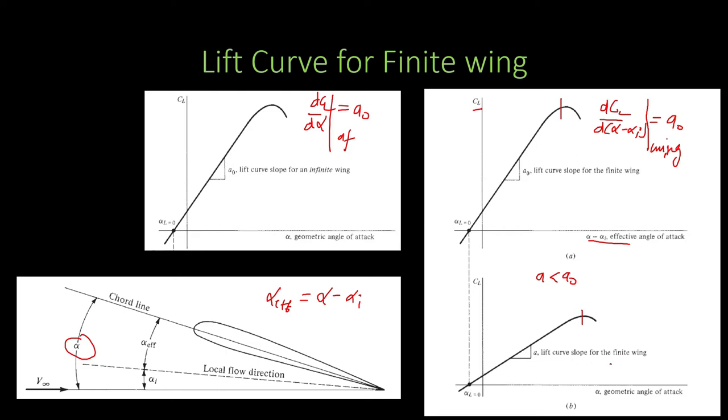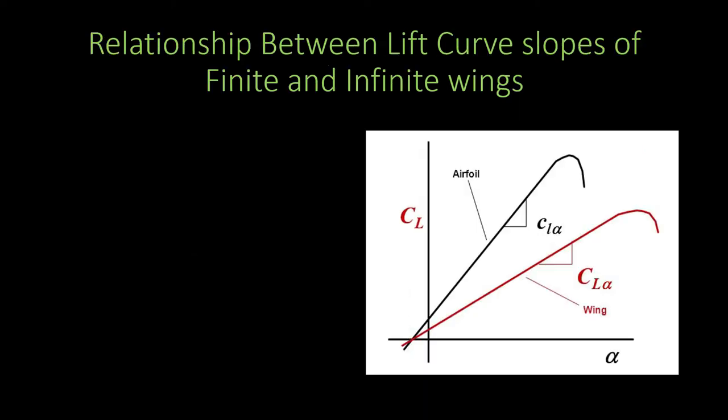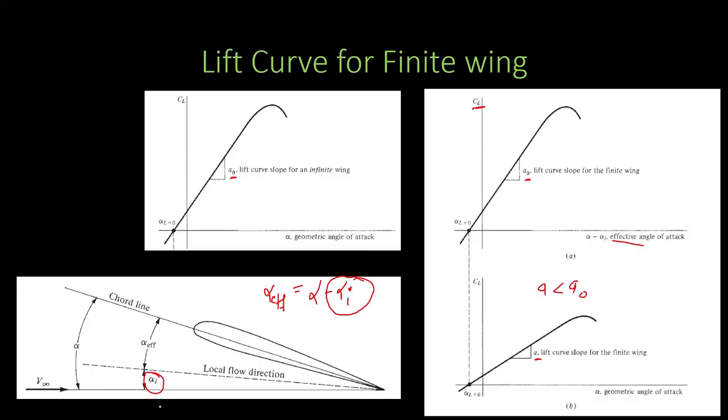Now let us try and find a relationship between the CL alpha curve of a finite wing and an infinite wing. How do we find a relationship between a and a naught? First, we must understand that dCl by d alpha for an airfoil is equal to a naught, and dCl by d(alpha minus alpha I) for a wing is also equal to a naught.